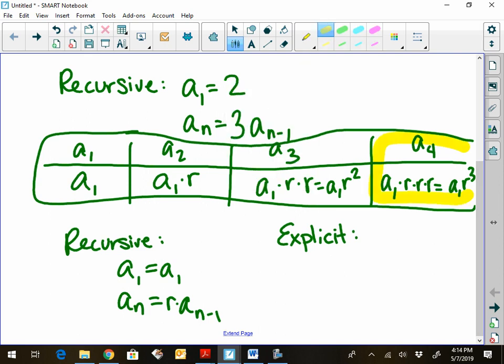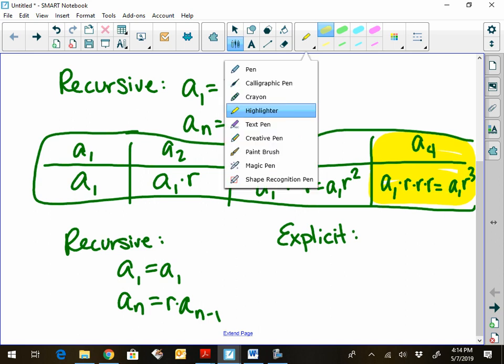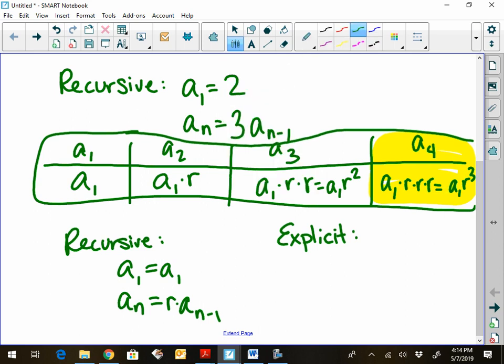So looking at this last example, how can we write our explicit formula? Well, in general, we have a sub n. So notice how our 3 and our 4, they kept changing, right? Equals, but every time we had our a sub 1 in there, so we have a sub 1, and then we're multiplying this by our ratio.